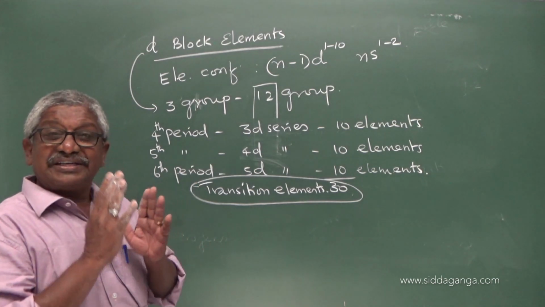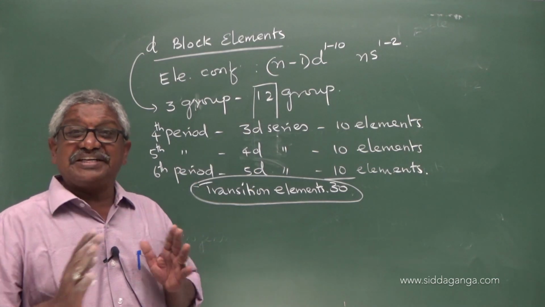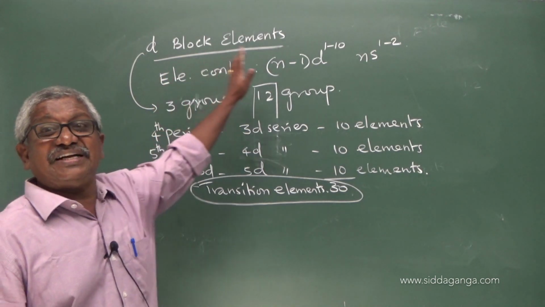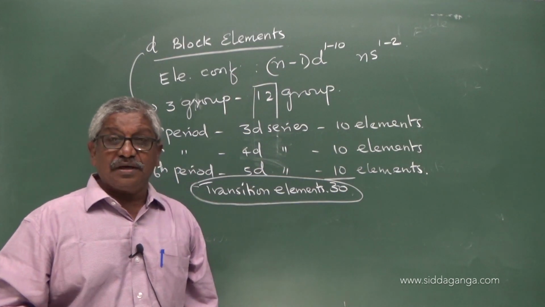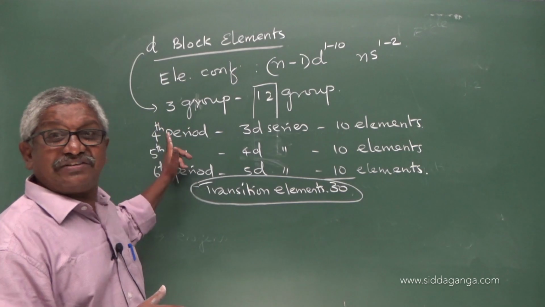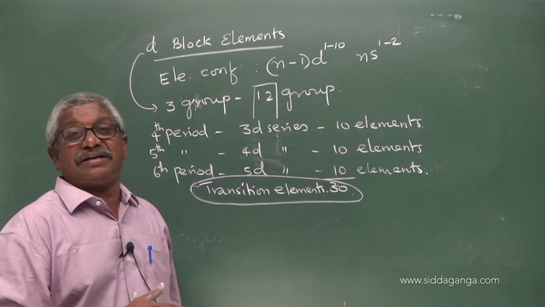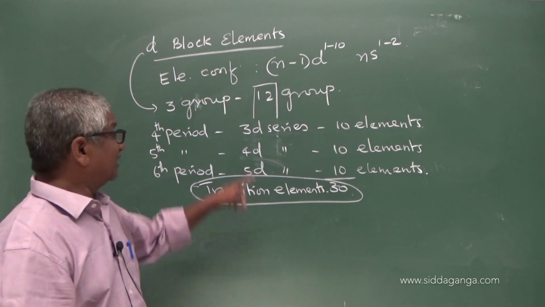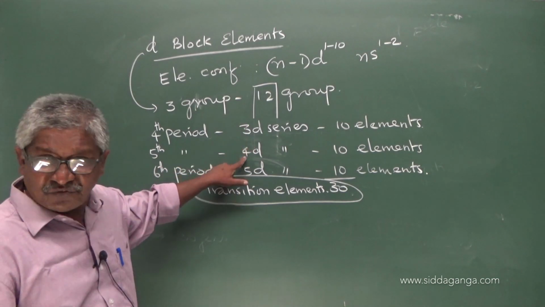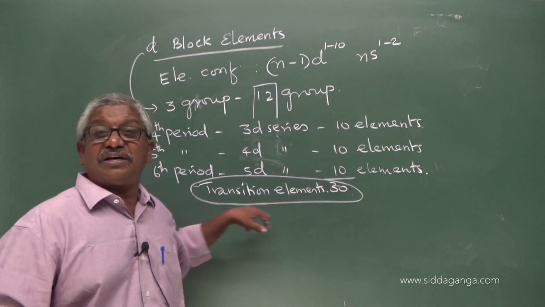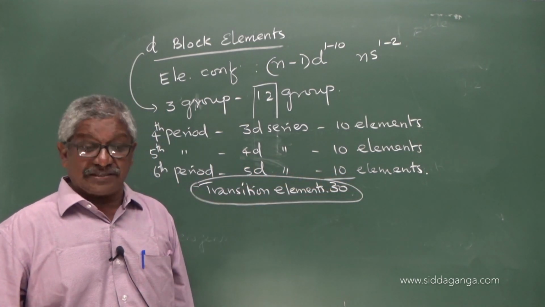So it is a bridge between more reactive elements and less reactive elements. That's why it is called transition elements. The 3d series, 4d series, 5d series, the 30 elements are called transition elements.